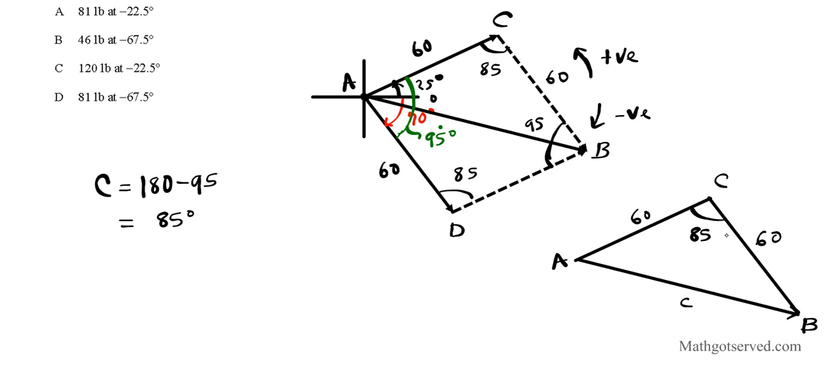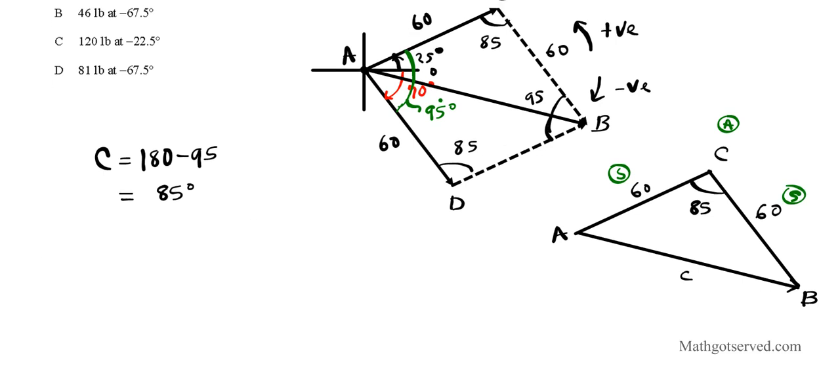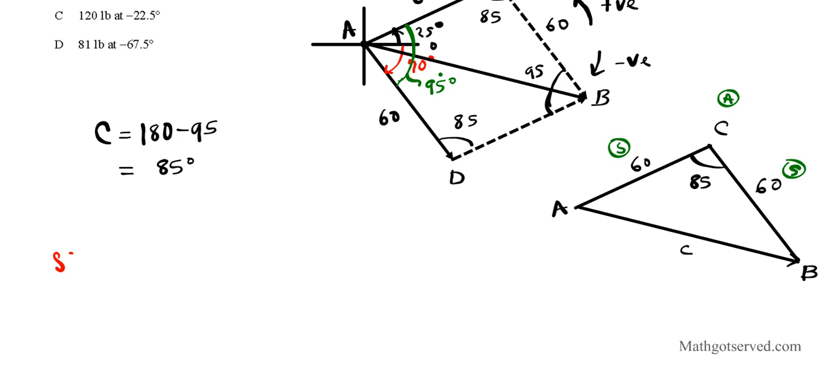Now, what formula are we going to use to figure out the length of little c? Let's see what we have. This is side, angle, side. Just a real quick review: side, side, angle and angle, angle, side are the cases where you use the law of sines, right?